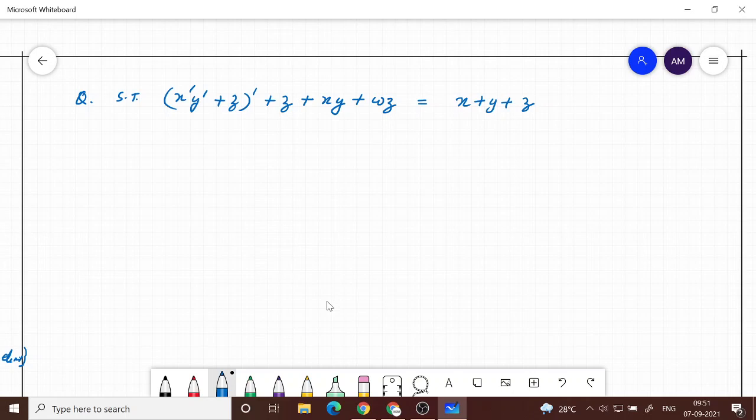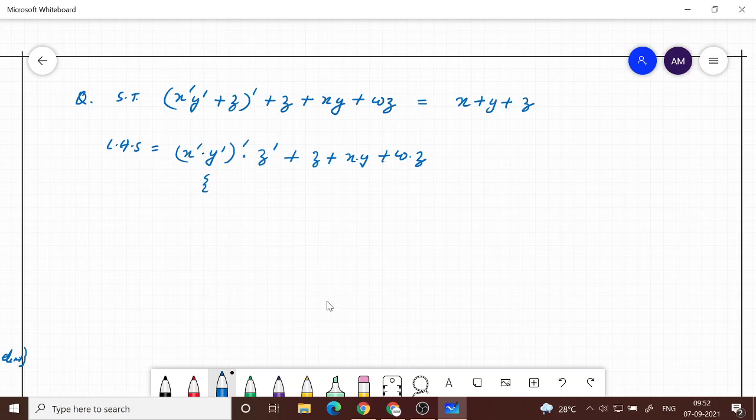Okay, so how to proceed? Let's apply De Morgan's theorem. If I apply De Morgan's theorem, I will have x the whole power dot plus z plus x dot y plus w dot z.